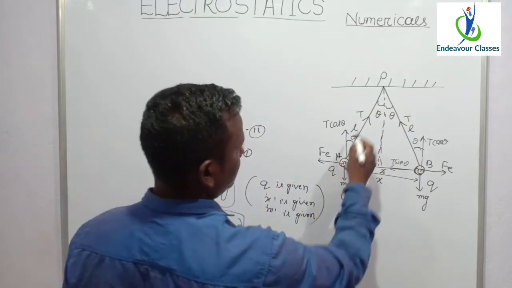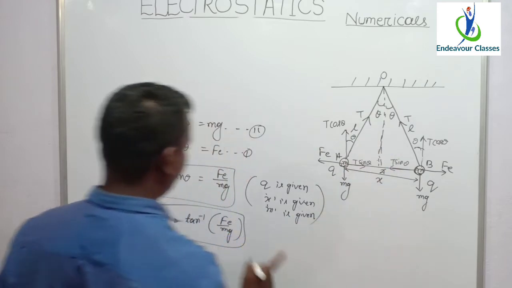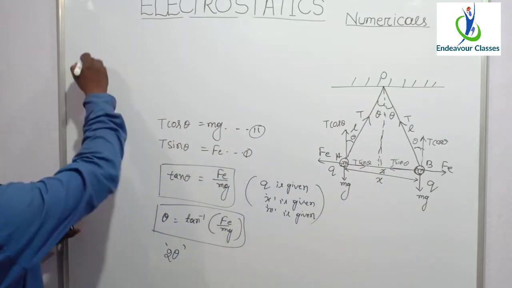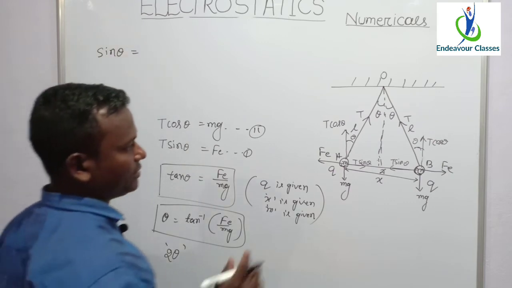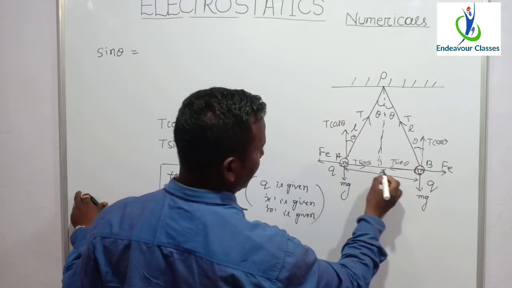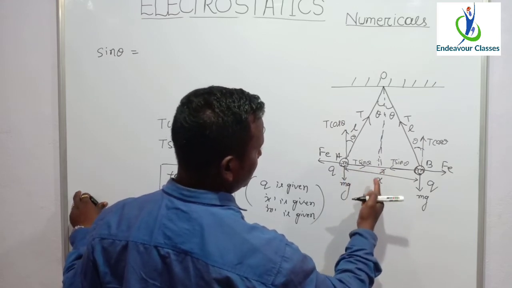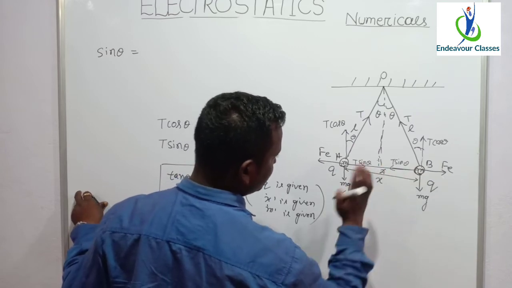In the triangle OAD, if you take sin theta, sin theta is P by H, so it will be this length AD. AD is nothing but x by 2, because the entire length is x and D is the midpoint.